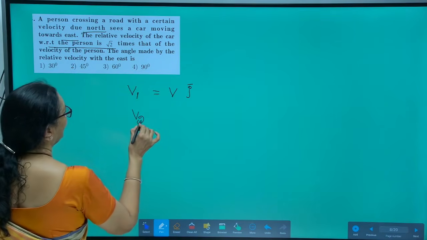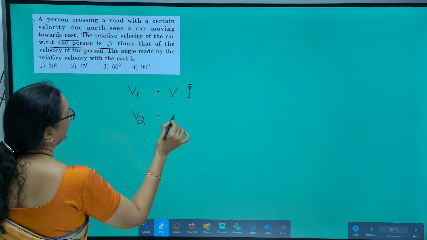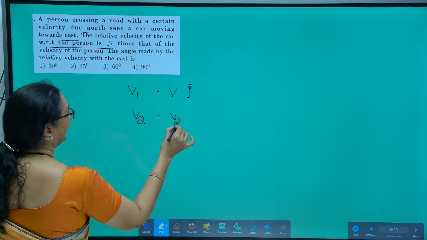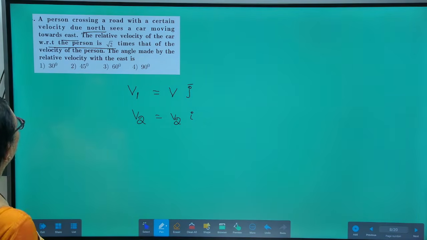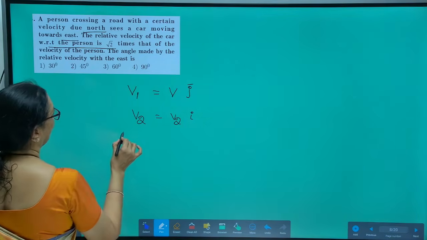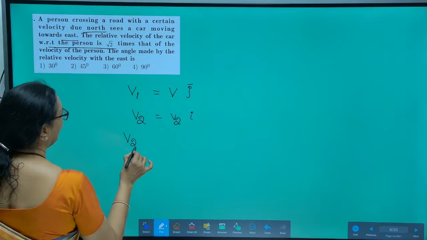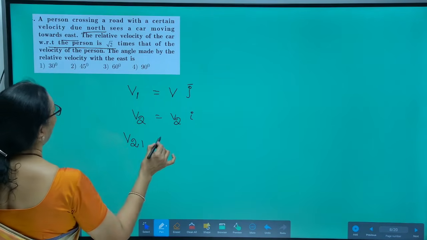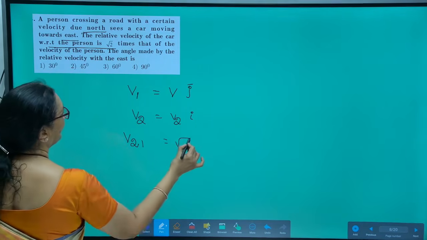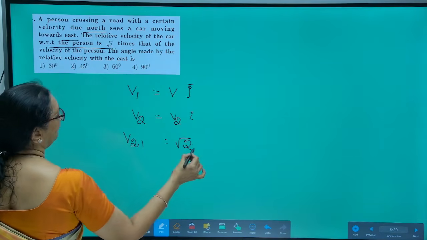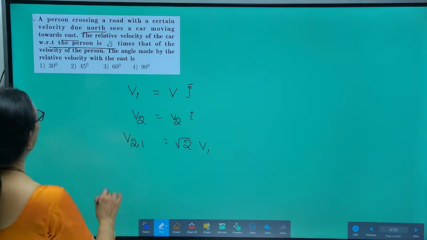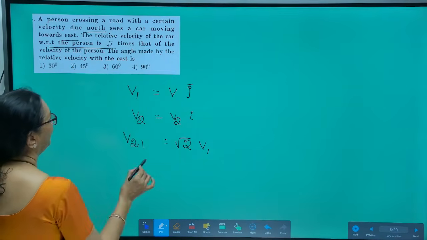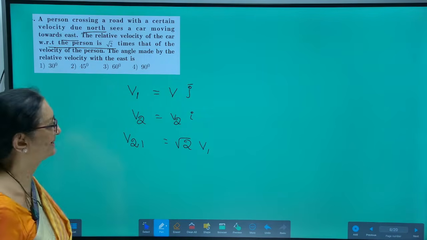Car velocity we do not know, let us take it as V2, but it is moving east. And the relative velocity of the car with respect to the person is root 2 times the velocity of the person. That is what is given. The angle made by the relative velocity with the east is what is asked.